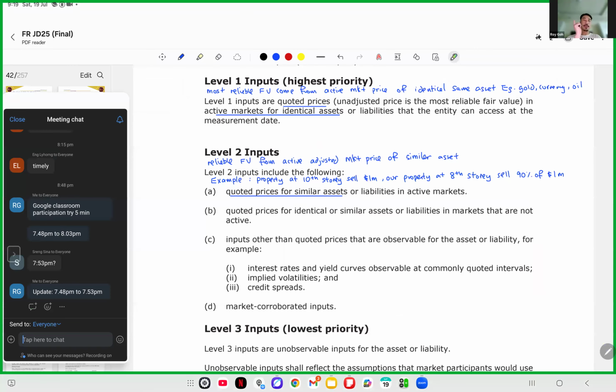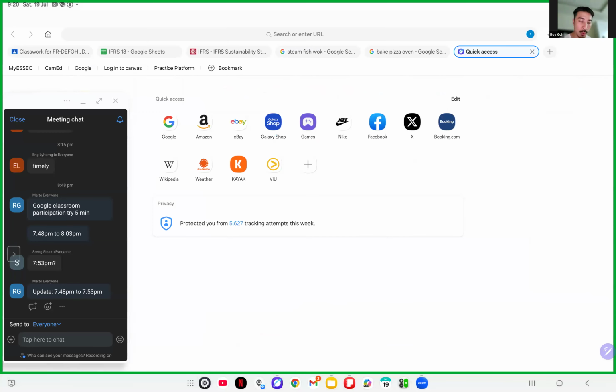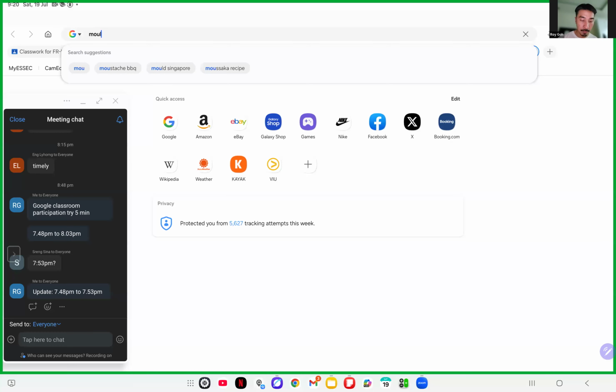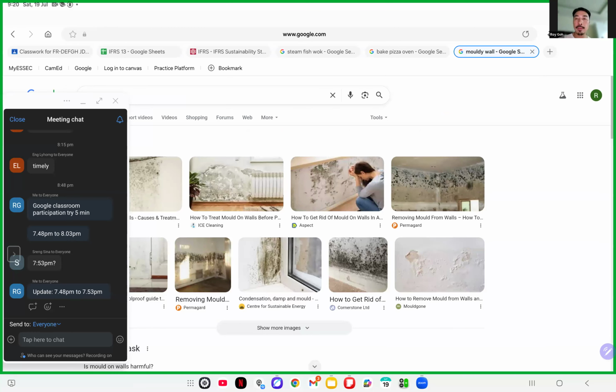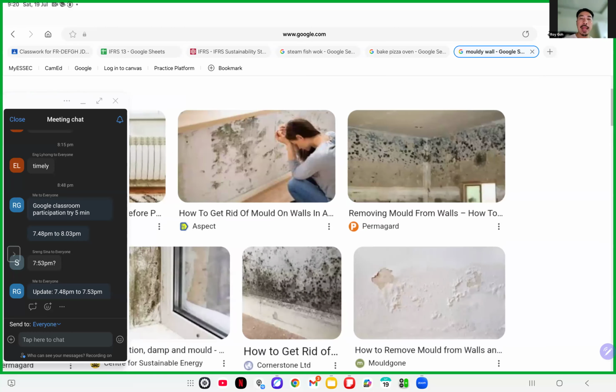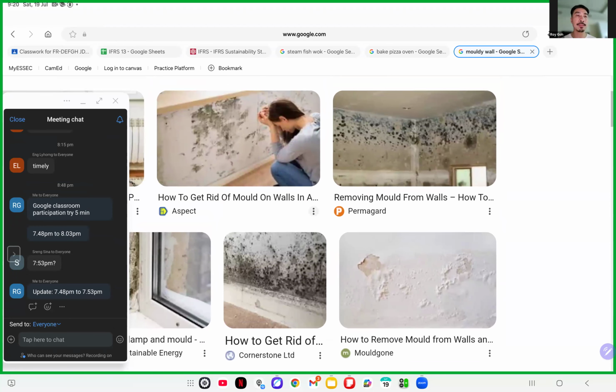Properties in Singapore, the walls get moldy very easily. Moldy wall, yeah. In Singapore, things like that happen very easily. You don't see a lot of moldy walls in Cambodia, unless you don't open the window and keep the aircon on all the time.